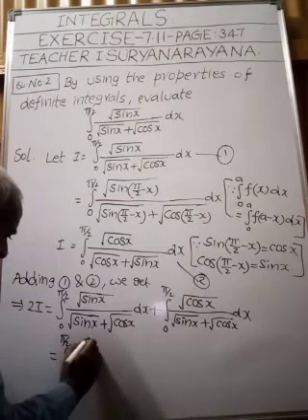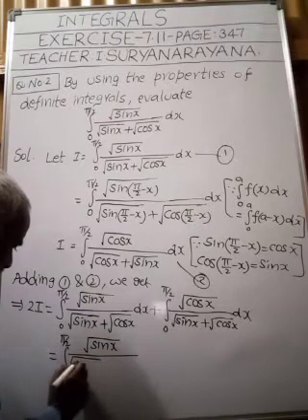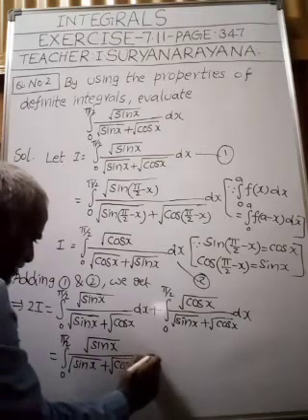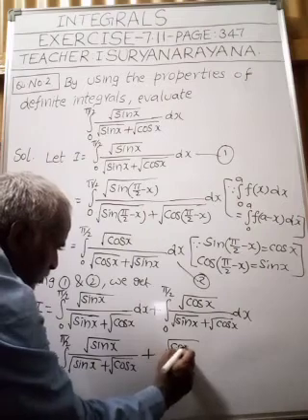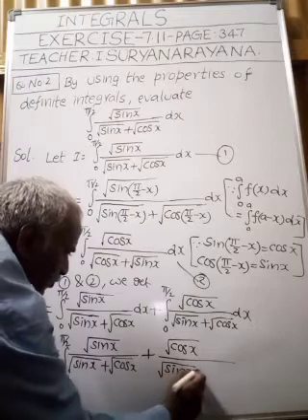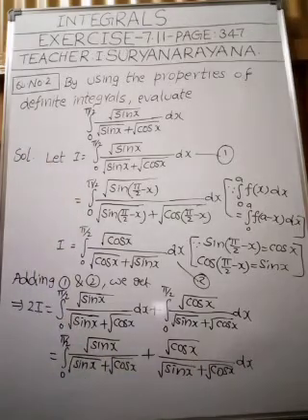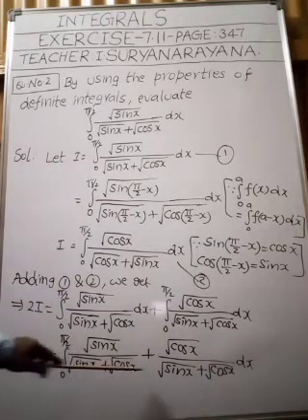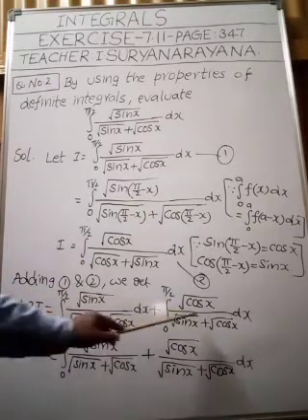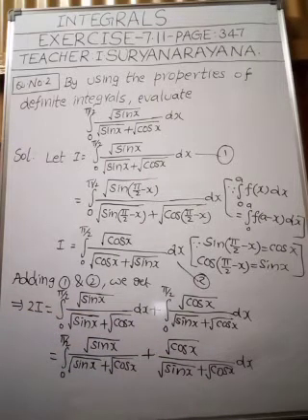So root sin x by root sin x plus root cos x, plus root cos x by root sin x plus root cos x dx. Understood this step, my children? Here limits are same, 0 to pi by 2, here also 0 to pi by 2. So we can add these two terms. We can write as one function. Okay, my children? Understood?